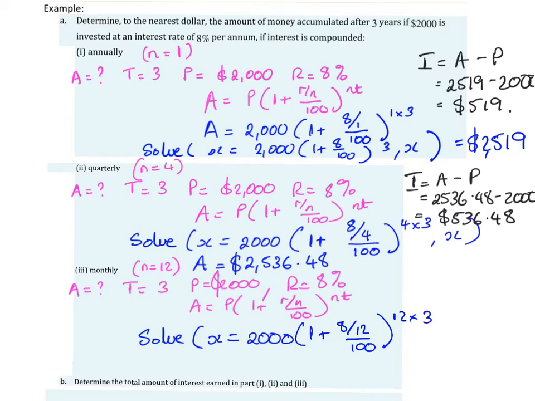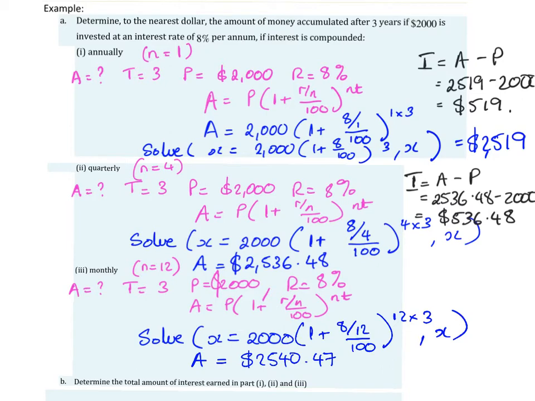Okay, again that's in your calculator, so it's not very hard to do. And this time I get A is equal to $2,540.47. So what is the interest that I've earned there?